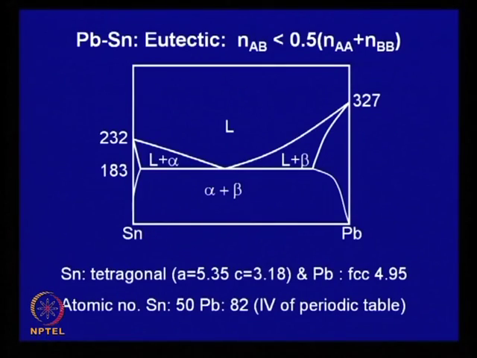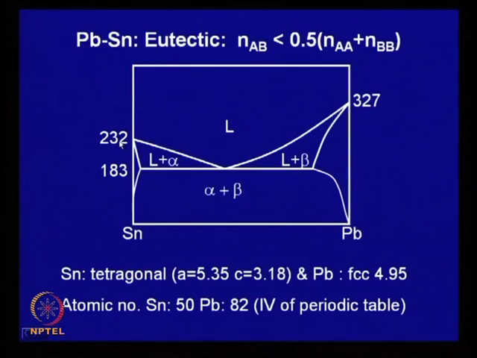Next, let us take up a case of a eutectic. So, this is lead-tin, which is a common alloy used as a solder because of its low melting point, because it forms a eutectic. Each of these metals is a low melting metal.